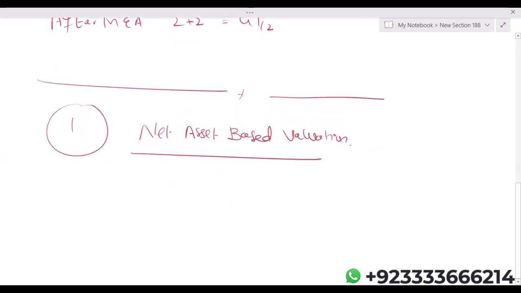We are talking about net assets. Simply, we are saying total assets minus total liabilities equal to net assets. And we know that net assets are equal to equity.